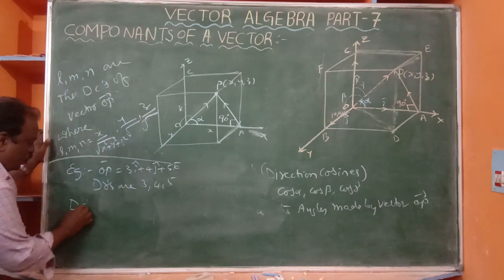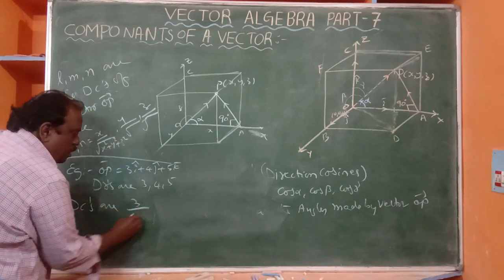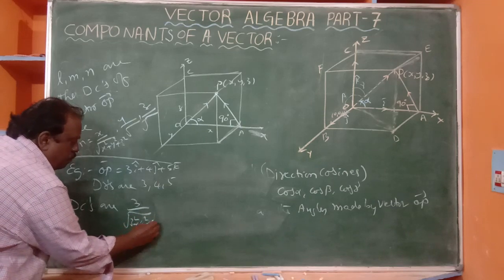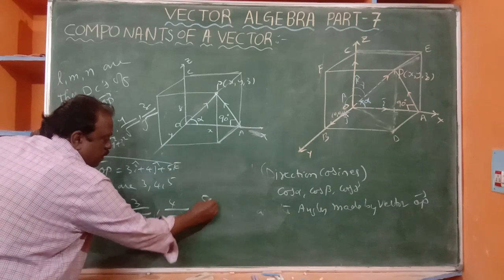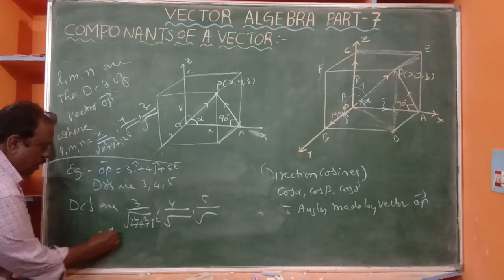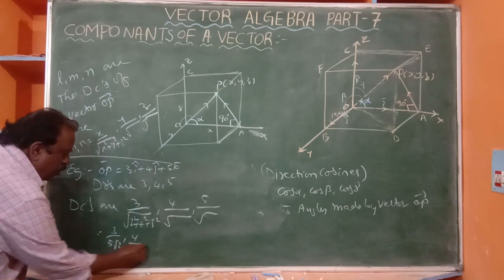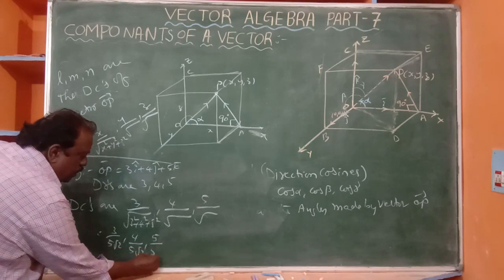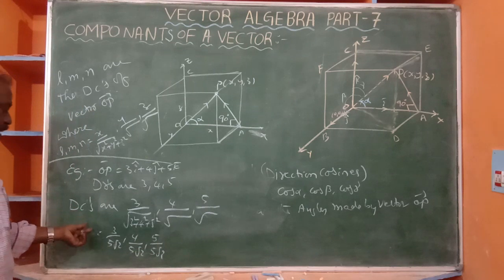But the DCs are 3 by root of 3 square plus 4 square plus 5 square, 4 by the same root, 5 by the same root. I am not writing it here. You assume that: 3 by 5 root 2, 4 by 5 root 2, 5 by 5 root 2. Like this, these are the direction cosines.